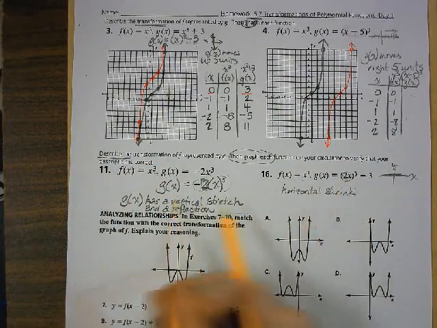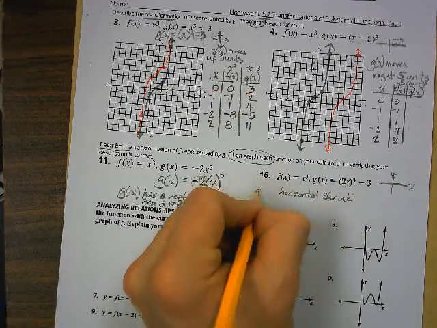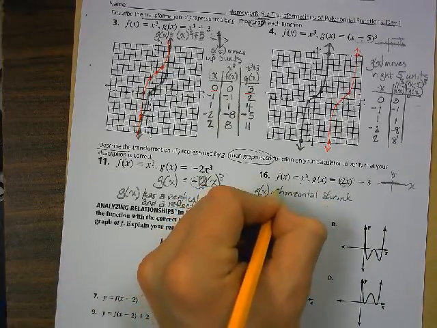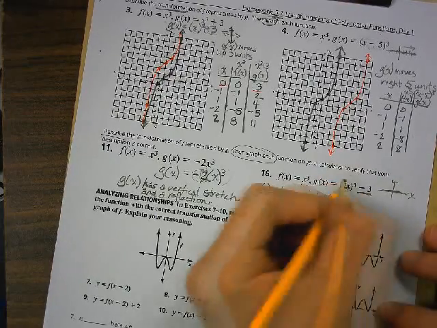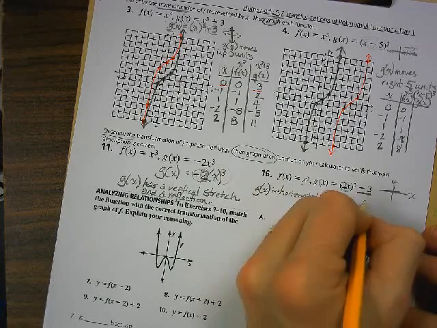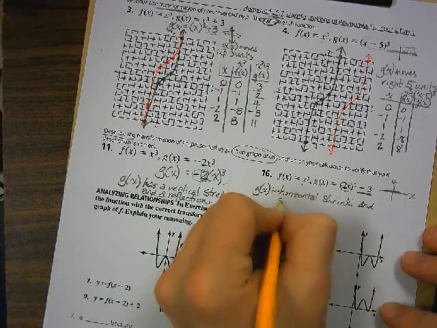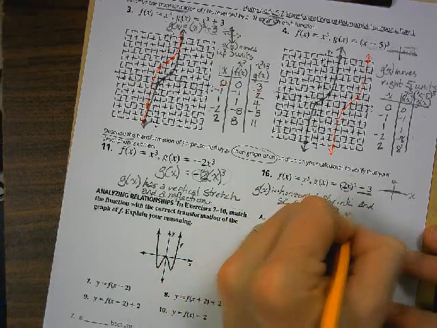So g of x is a horizontal shrink, and then this negative 3, again, it's outside of the grouping, so it impacts the y side. So this is going to be a horizontal shrink and a shift down 3 units. Down 3 units. Very good. All right.